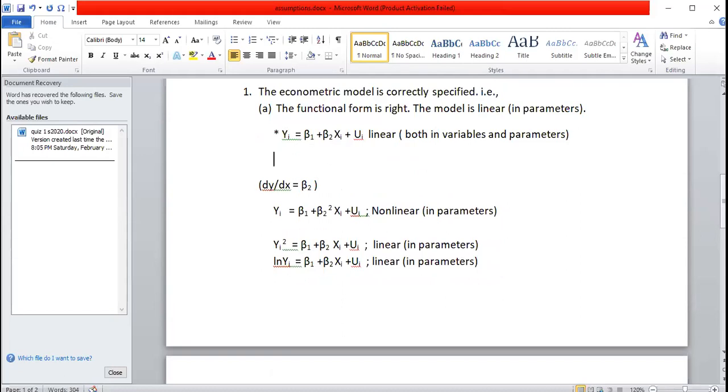So if I write it like Q equals beta 1 plus beta 2 P, then what is beta 2?